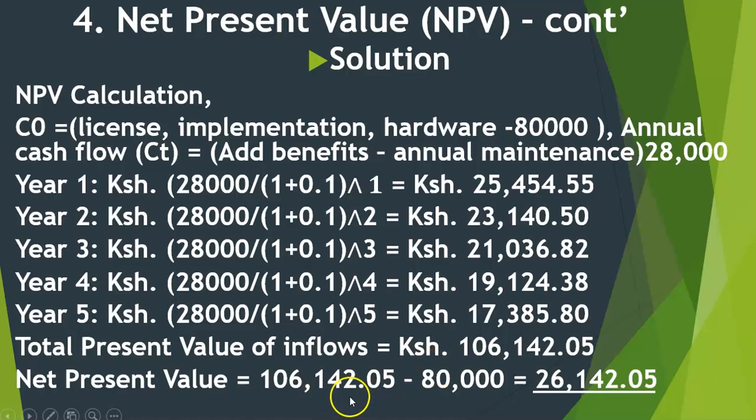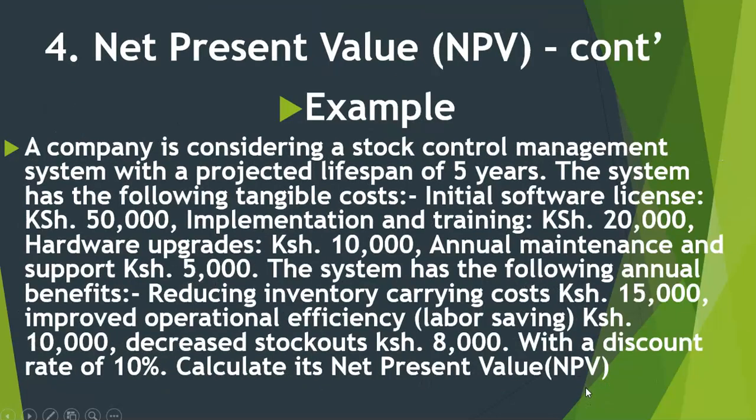But the net present value at year 5 will be, you take your 106,142.05 minus the 80,000, which was the initial hardware. Let me just confirm for you what this was. Yes, that was the initial investment. It was standing at 80,000.